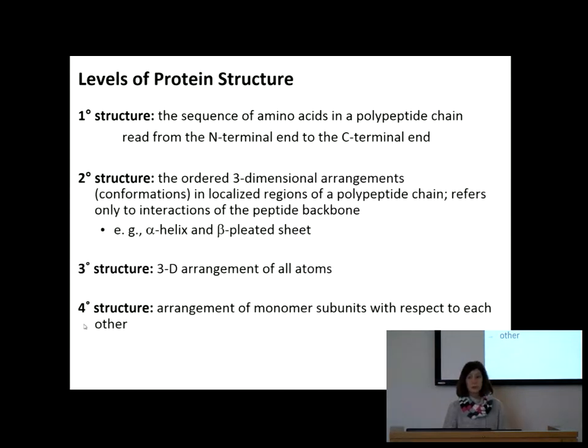Not all proteins have quaternary structures. When we get to our examples, myoglobin only has one chain, so it's just a one unit protein, where hemoglobin has 4 subunits, so it has a quaternary structure. So myoglobin does not have a quaternary structure, but hemoglobin does. Only if more than one subunit comes together does it have a quaternary structure.